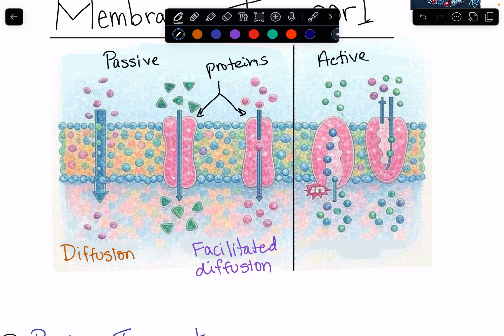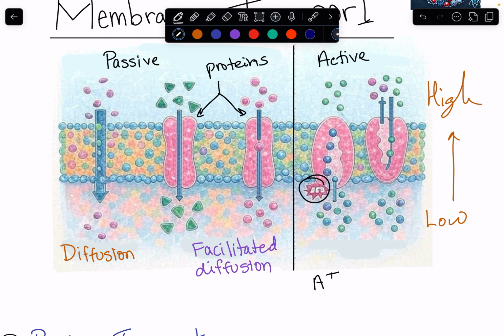Then, when we go a little bit over to the right side, we have active transport. Now, what is active transport? This is going to be a reverse. Instead of a high to low gradient, we're going to be going from a low to high concentration gradient.